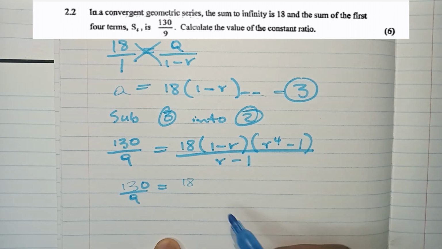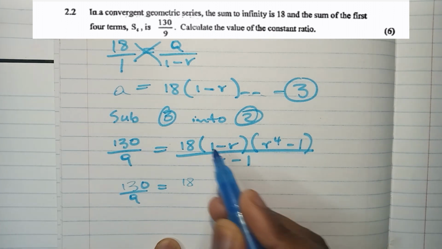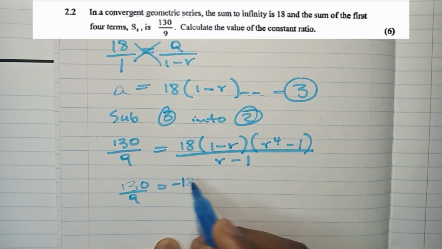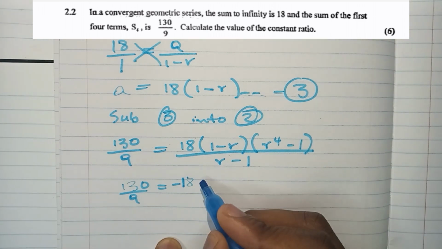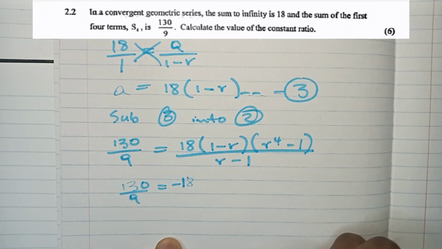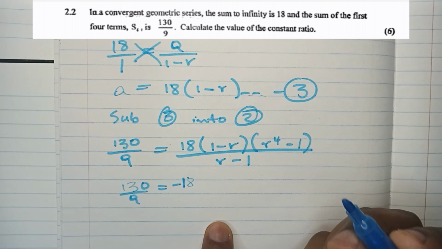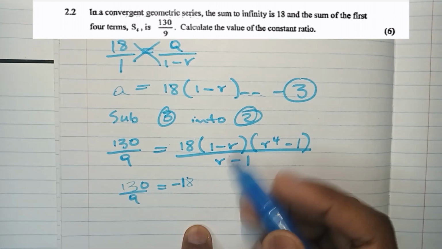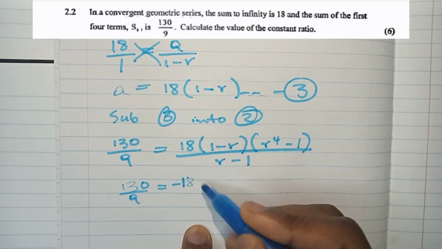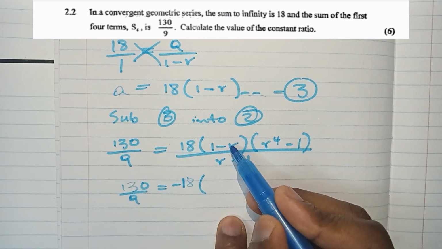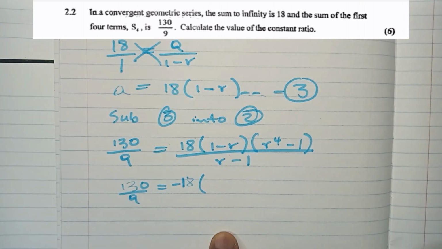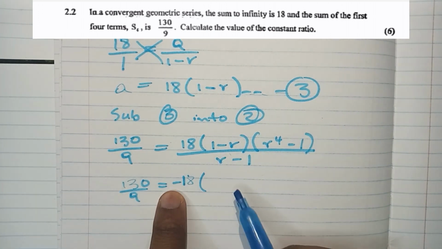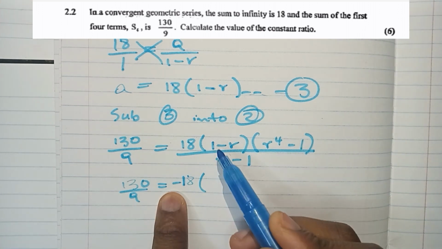Then we take a common factor here. We'll say negative 18 instead. So we take the negative outside the bracket. If negative is taken, r will be positive and 1 will be negative, because negative times negative will give you positive.